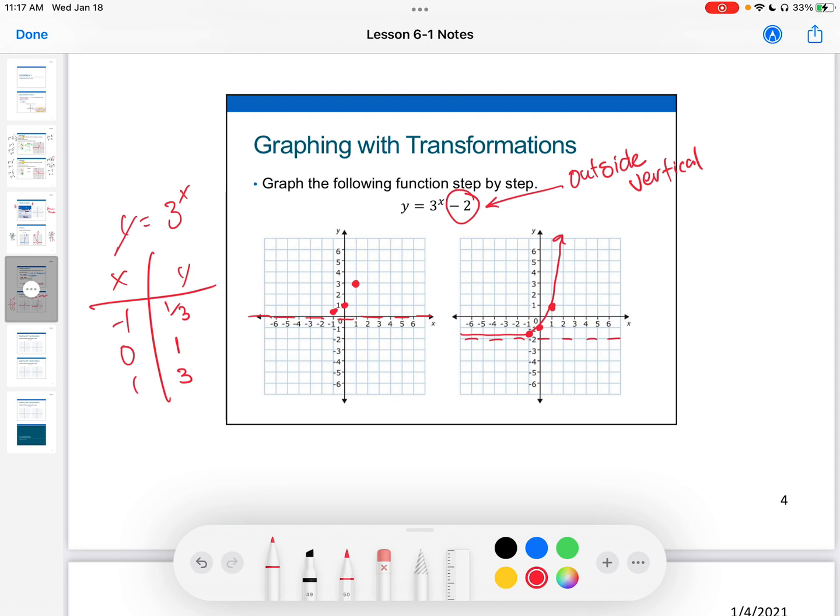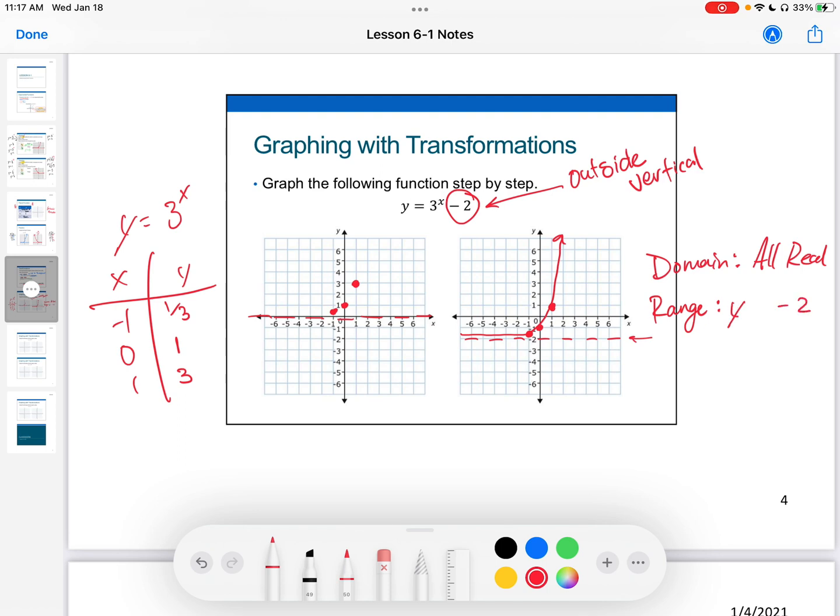Now, I told you guys I would talk to you a little bit about the domain and range, just because this is going to be a little bit different. Your domain is still all reals because there's nothing stopping it going left, nothing stopping it going right. Your range, however, has changed. What's my lowest y value now? Look to your asymptote. It's at -2.